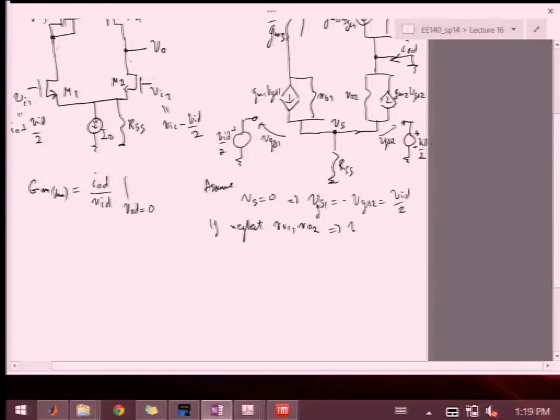Then I RSS equals 0, and that equals Vs over RSS. Do people understand this? So it's the same thing we did essentially for the symmetric thing.